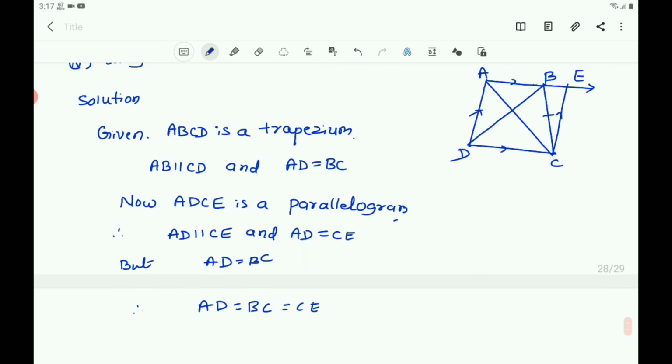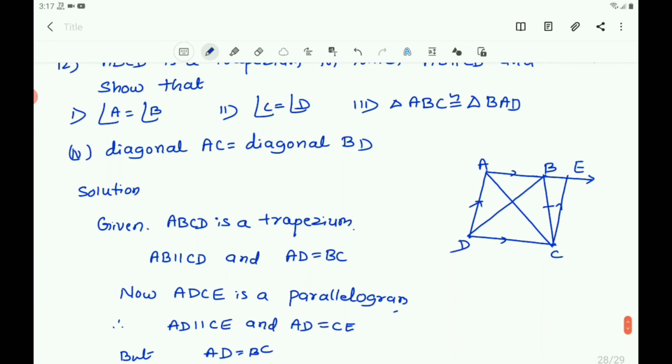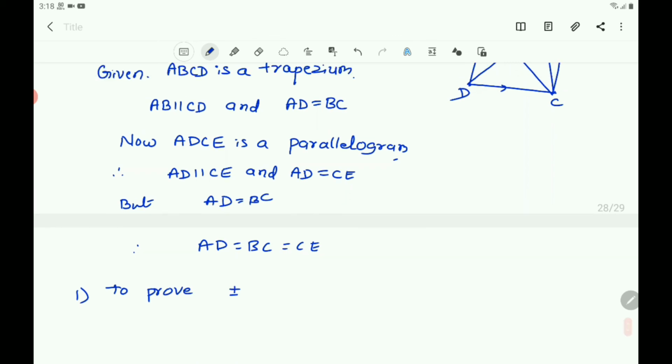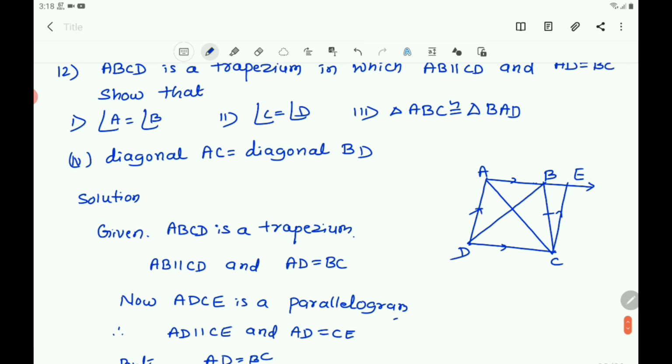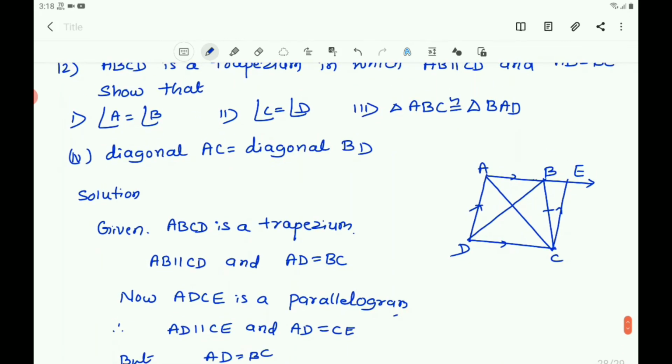And next, let us prove the first one. What we have to prove in the first is angle A equals angle B. Now you know the angle DAE and angle E are the interior angles on the same side of the transversal AE.